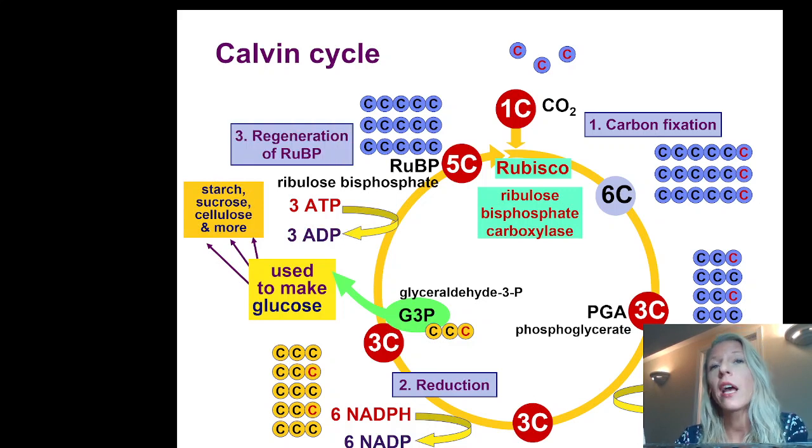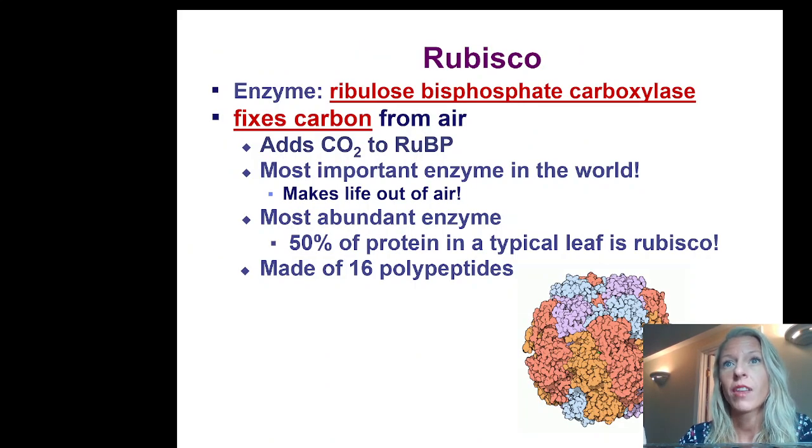Then we have regeneration of Rubisco, and the whole cycle starts over again. Rubisco fixes carbon from the air.